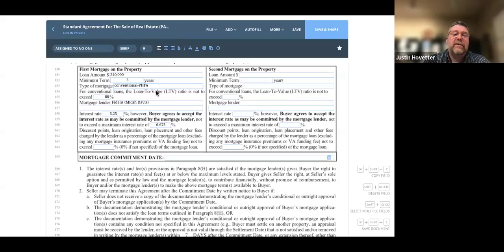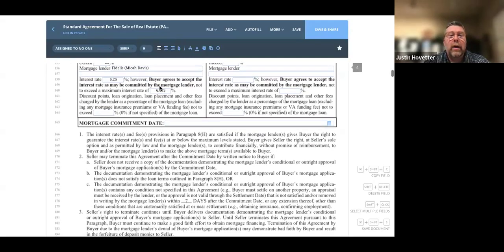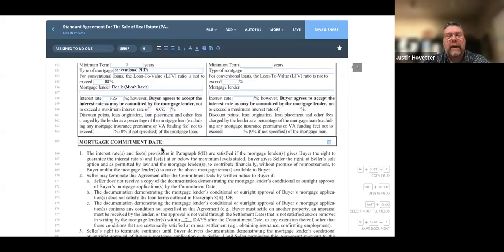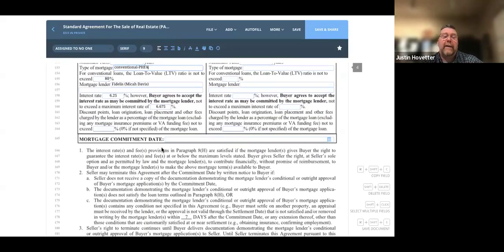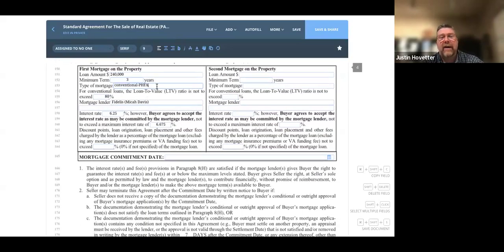A lot of times it doesn't show up in the mortgage contingency block here. It'll just show up on that commitment letter that has to go for PHFA approval. The problem with that is PHFA looks a lot like FHA, even if it's a conventional loan.